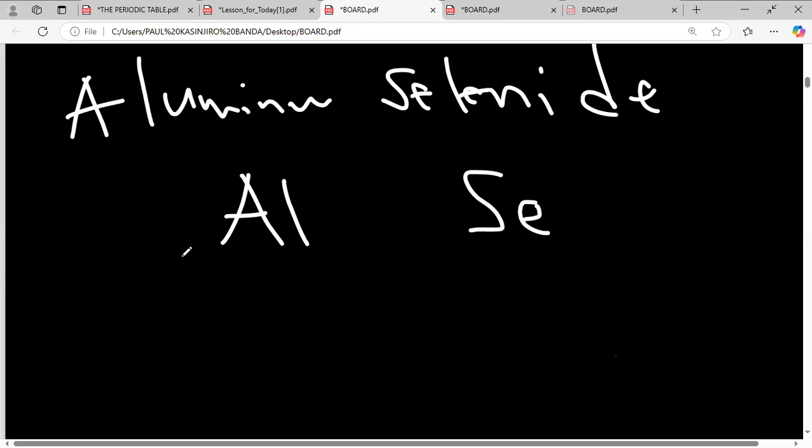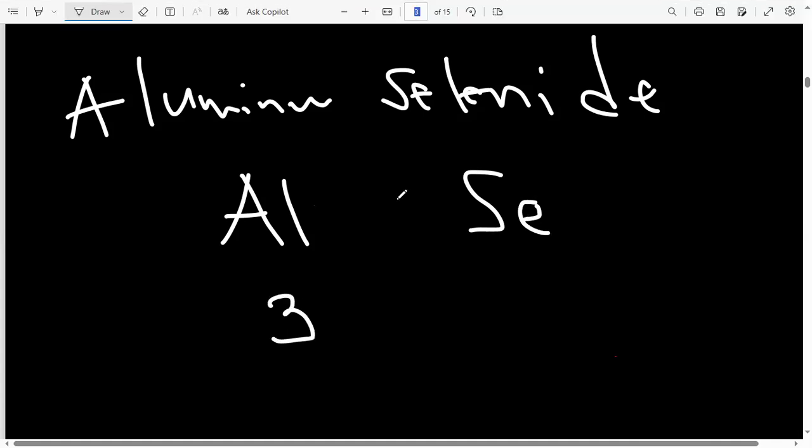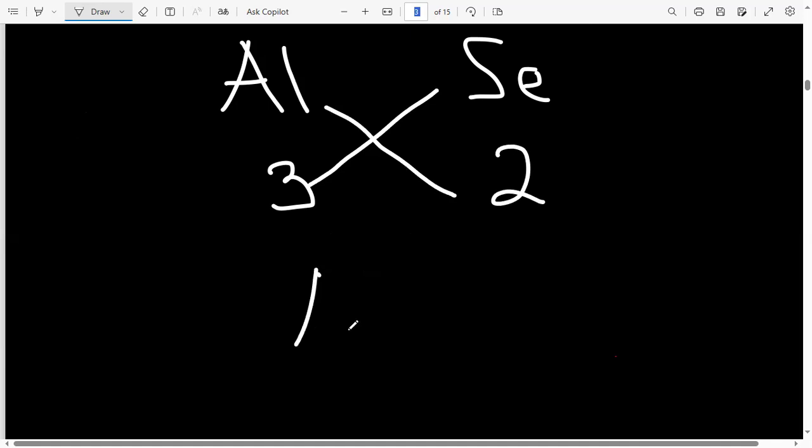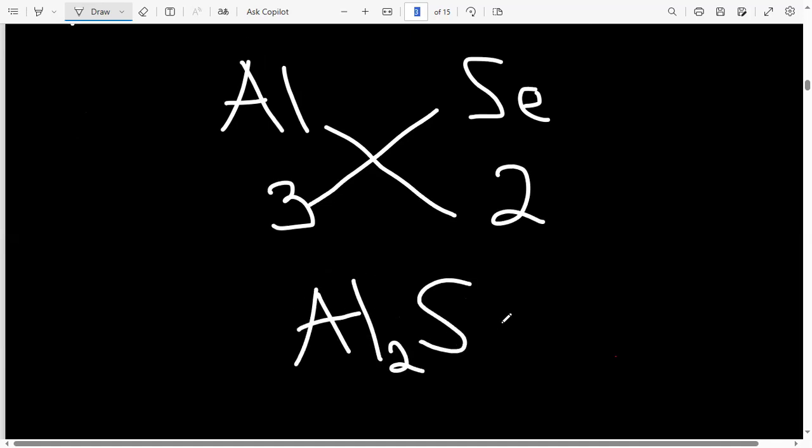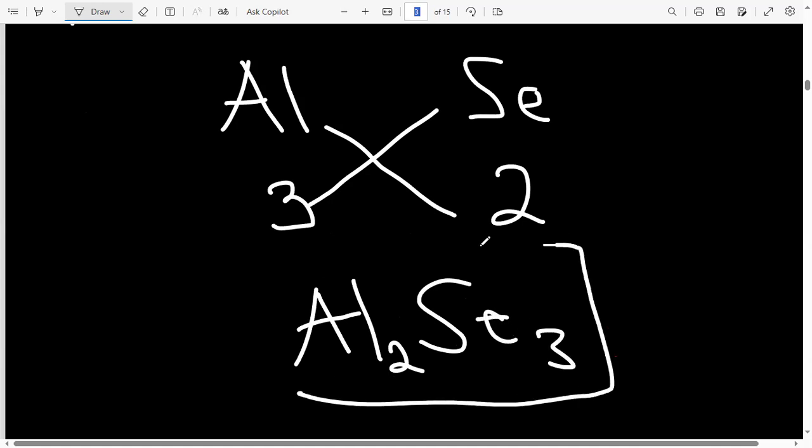This one has a valence of 3 and this one has a valence of 2. So we're just going to do a cross multiplication here. The aluminium gets the 2, and the selenium gets the 3. When these two combine, they form aluminium selenide.